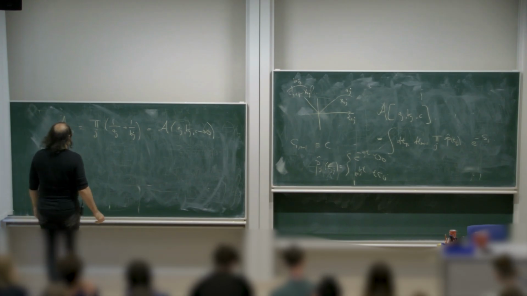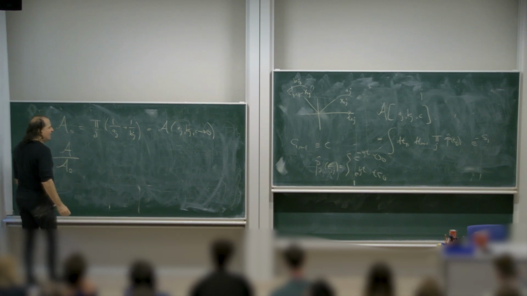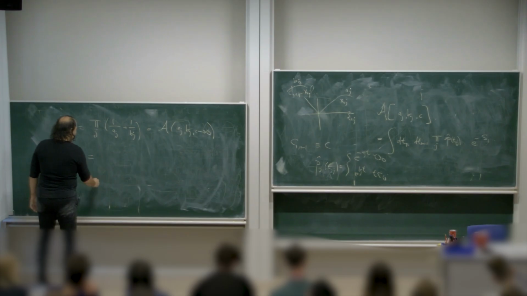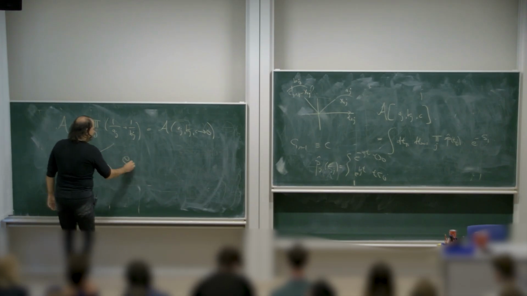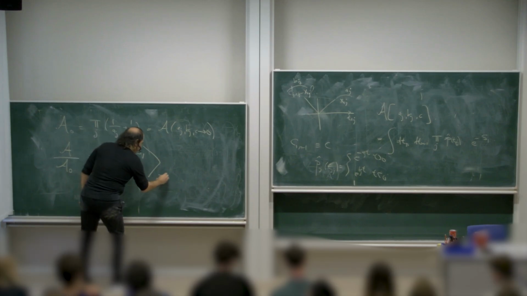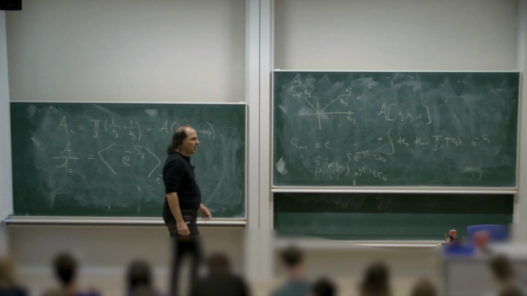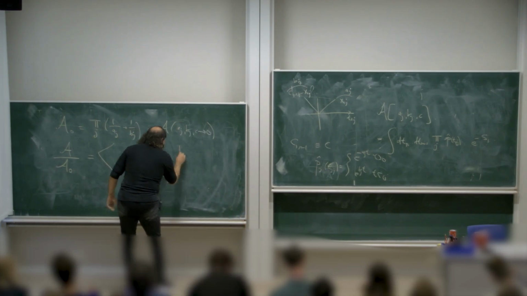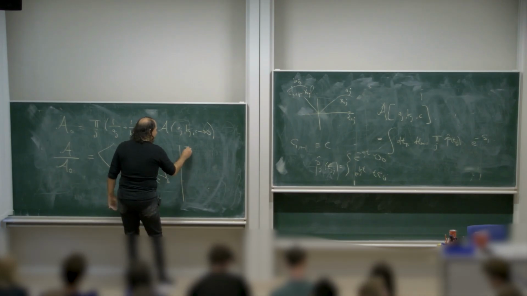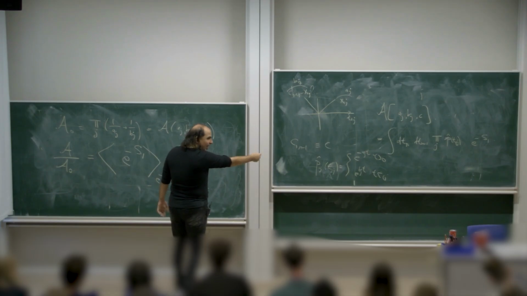A divided by A naught has a very nice interpretation: the expectation value of the quantity e to the minus S1 in the probability distribution given by e to the minus S naught. Where now what I mean by the probability is there's an independent probability for every t. They're all independent. And p of t, not p hat of t, is just this p hat normalized to 1.